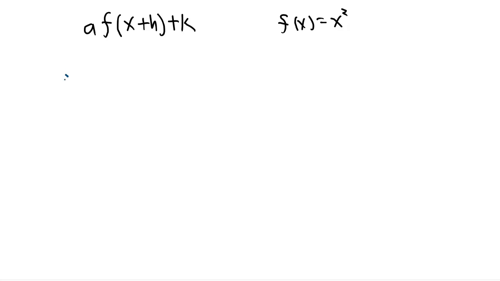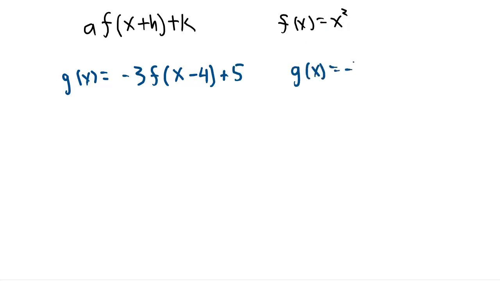Let's say I have this function g of x that is negative 3 f of x minus 4 plus 5. Okay? For example, so in this case, g of x would be negative 3 times x minus 4 squared plus 5.